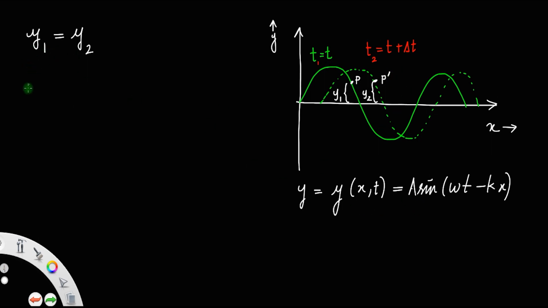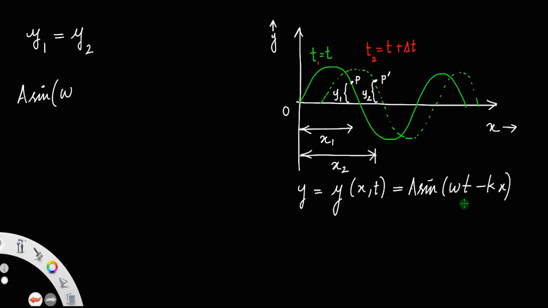So now for y1 you can write a sine omega. Let's take this point P at a horizontal distance of x1 from the y-axis or from the origin, and this point P dash is at a distance of x2 from the origin.